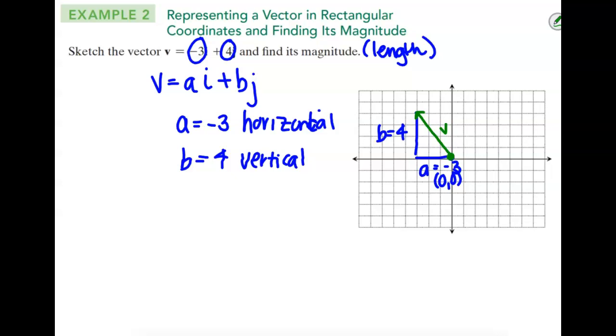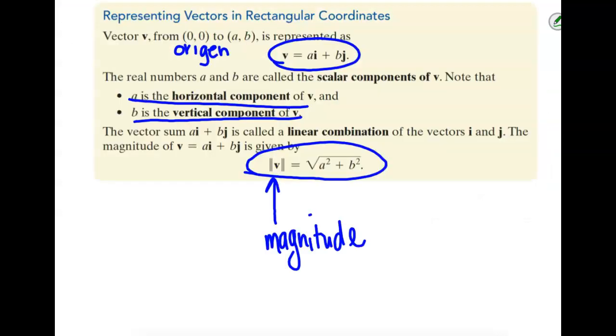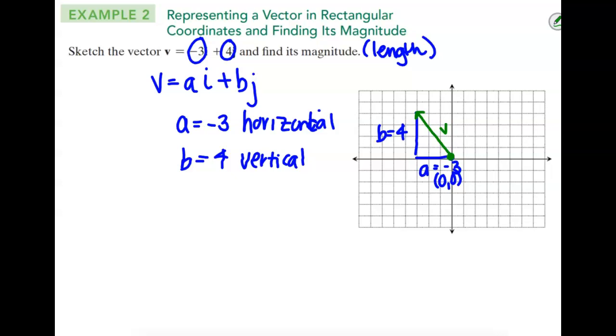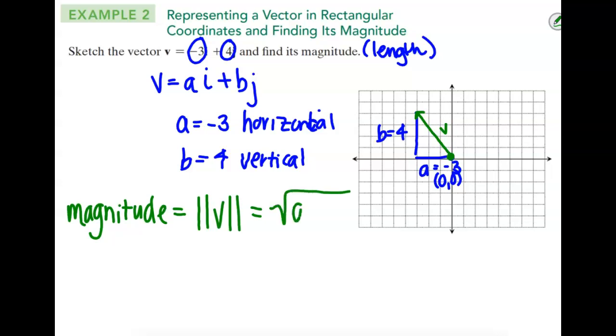If you go back to the previous slide, to find the length, we're going to use this formula. To find the magnitude, the distance, the length of that vector, you're going to square the a value, square the b value, add them up, and then square root it.